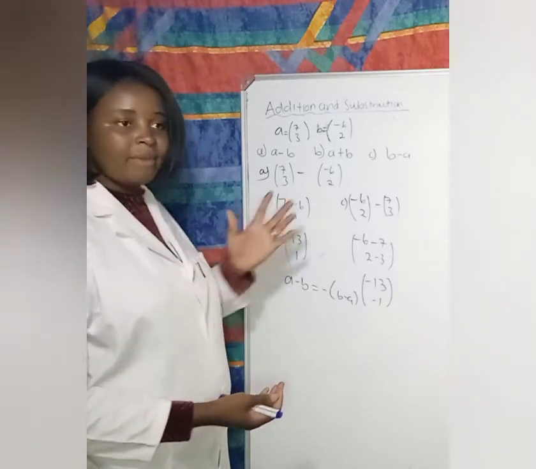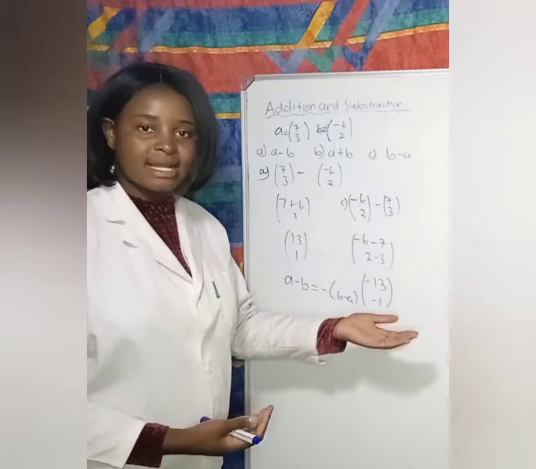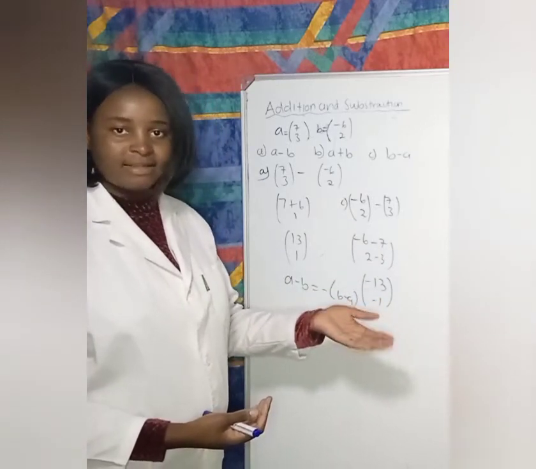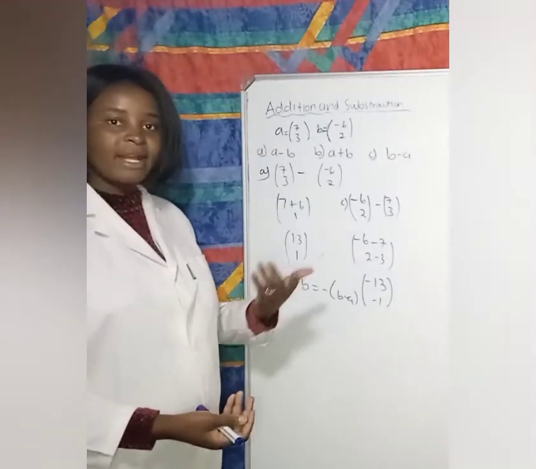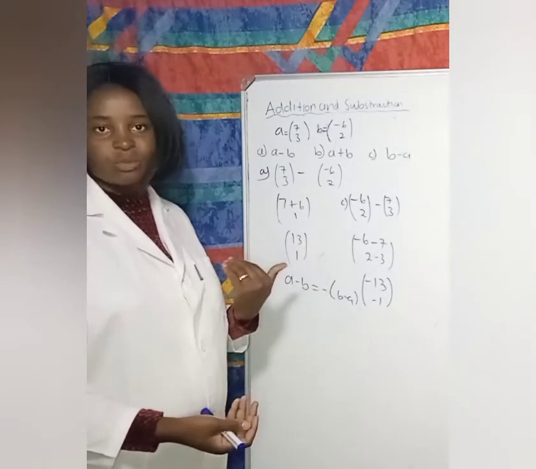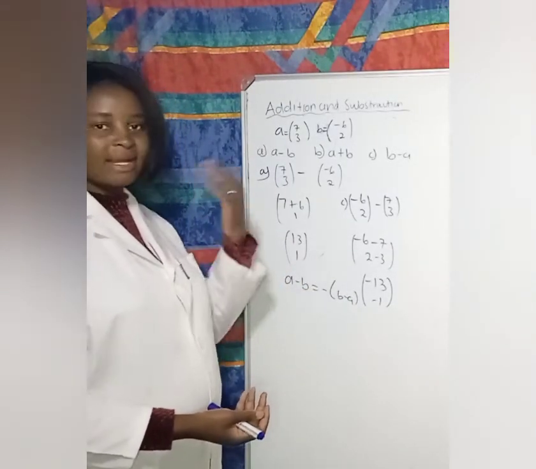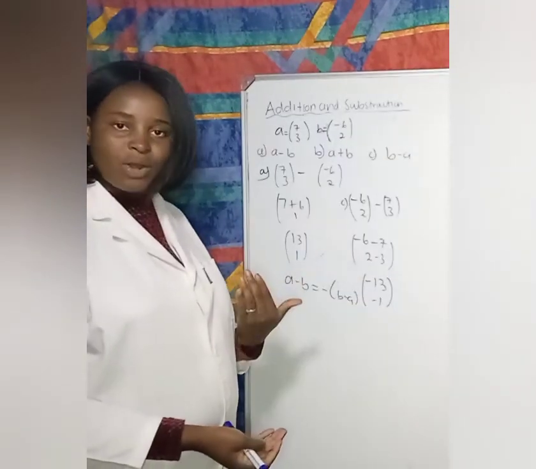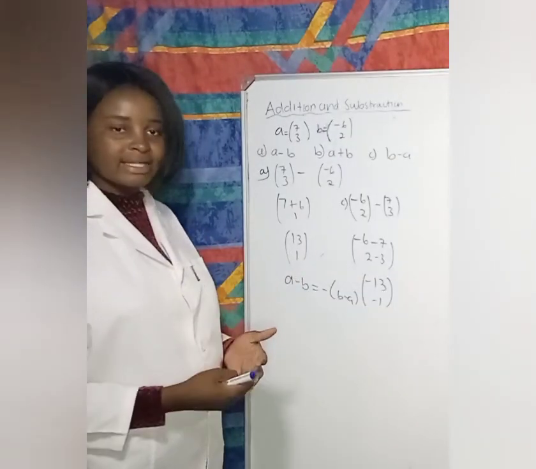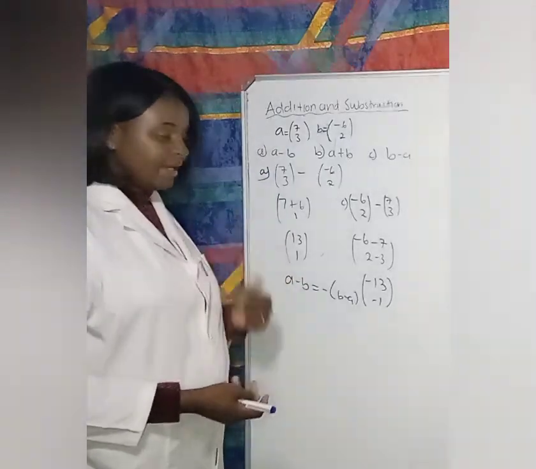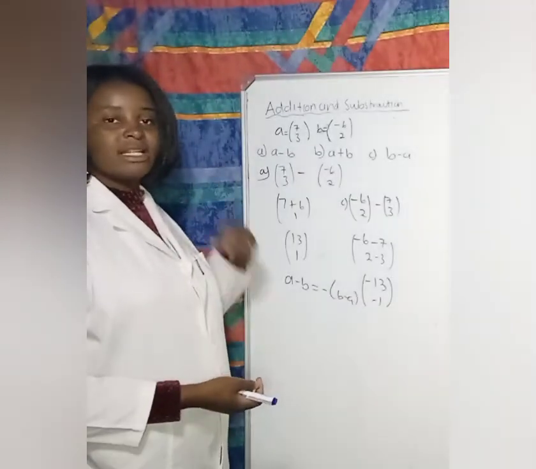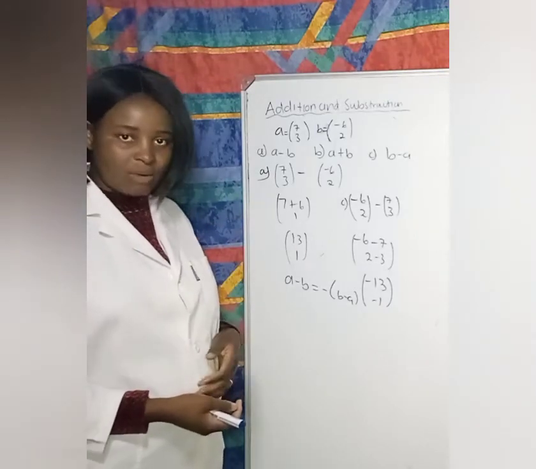So if AB was the vector -2p, then when you say BA, it will become a positive 2p, because you are opposing -2p. Whenever you oppose a vector, it's like you are negating it. So A minus B is (13, 1), but B minus A is like multiplying your (13, 1) by -1.